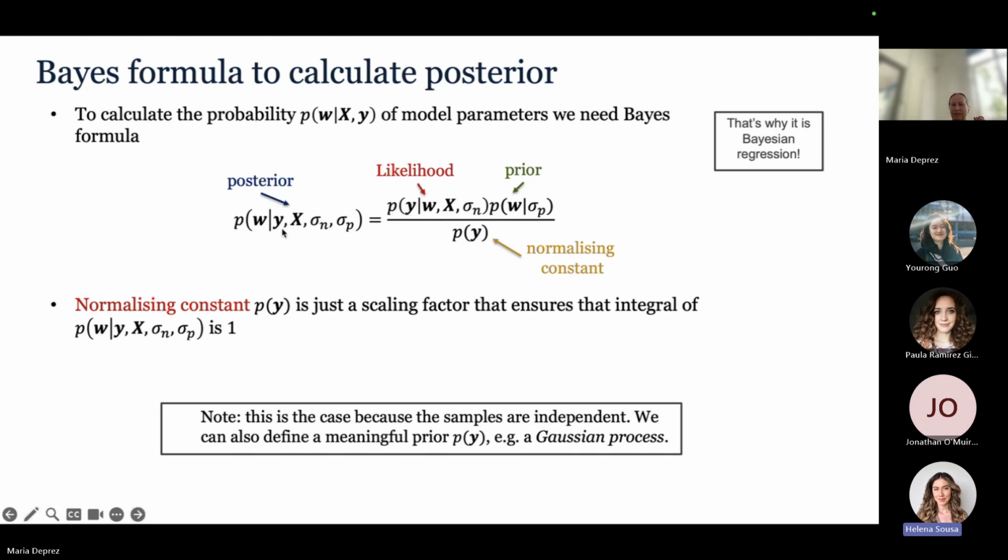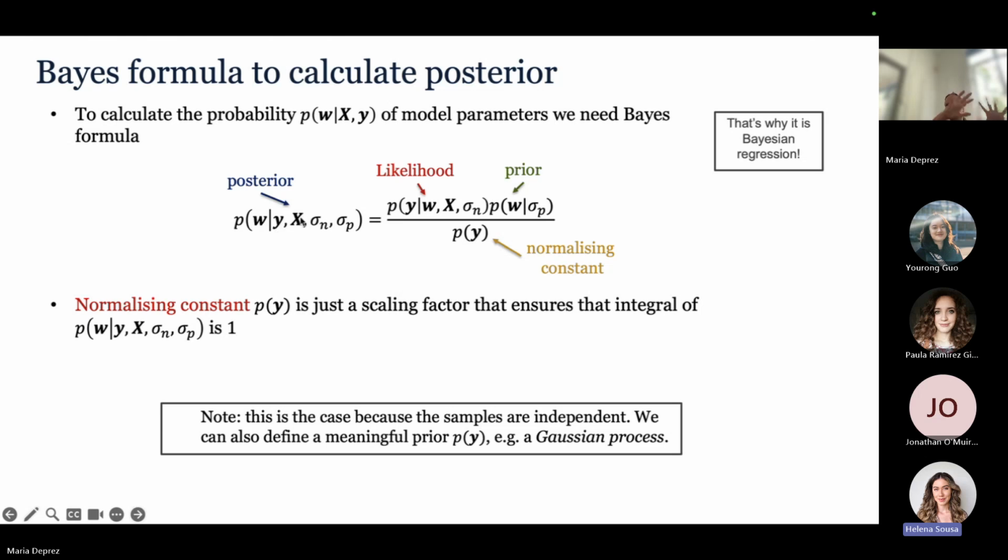But we want to invert it, so we want to know the probability of the weights given the data that we got. This is what we know and this is what we want to calculate, because the mean of this posterior probability will be our solution.